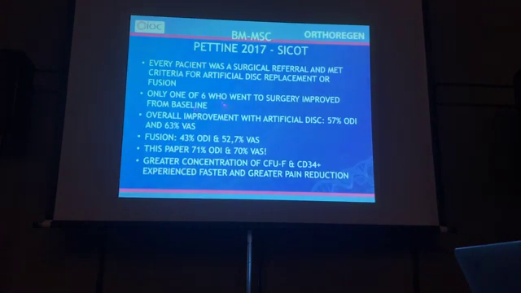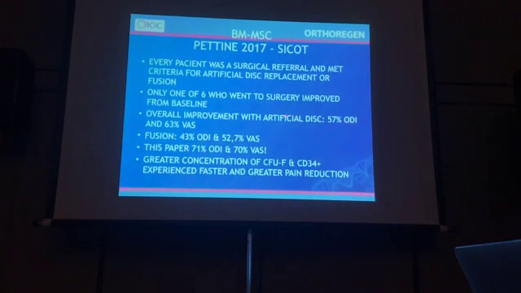And here he compared with the literature. Actually, he did some work on artificial discs and some work on fusion too. He said that the overall improvement with artificial disc is 57% Oswestry index and 63% VAS. The fusion is even lower, 43% Oswestry, 52% visual analog scale.